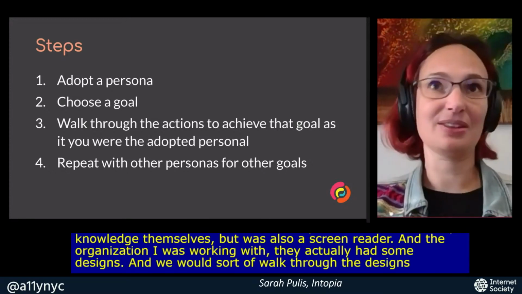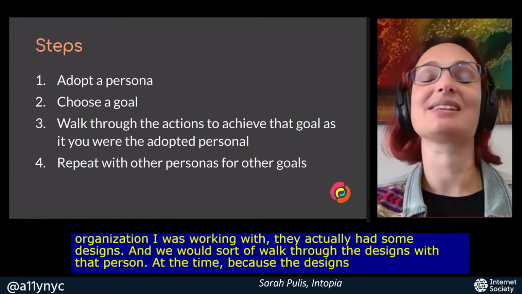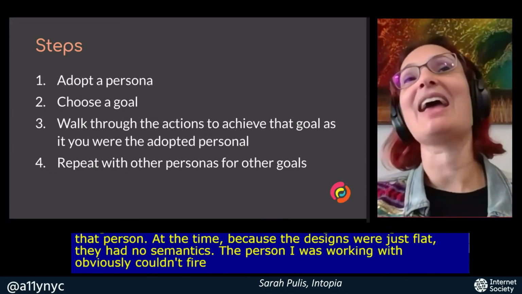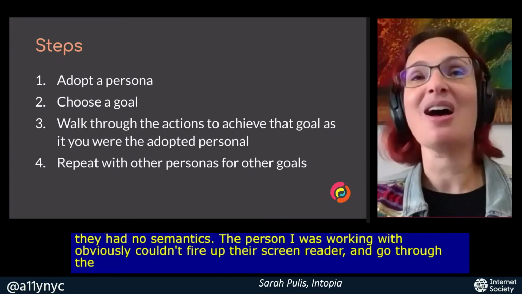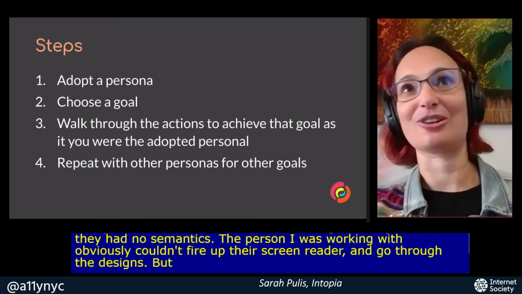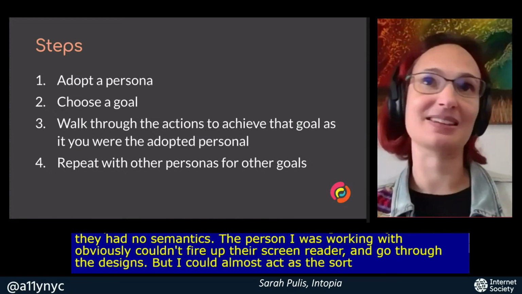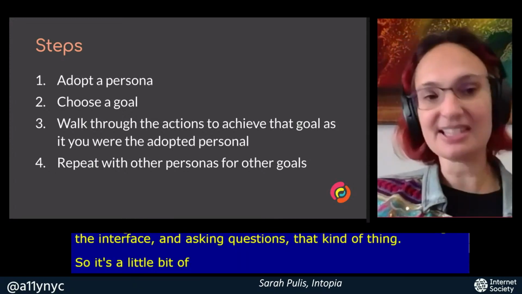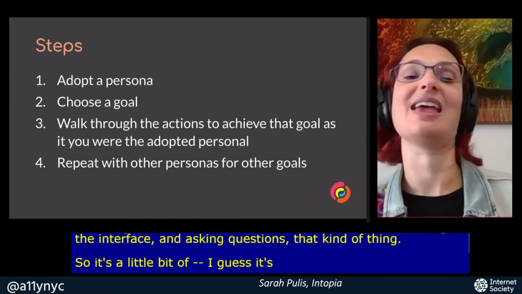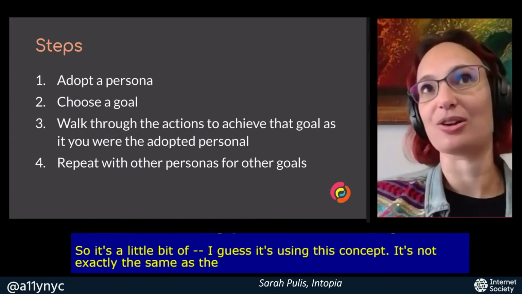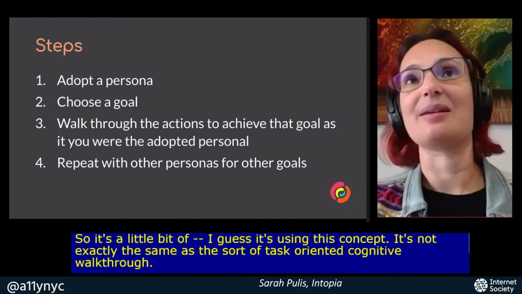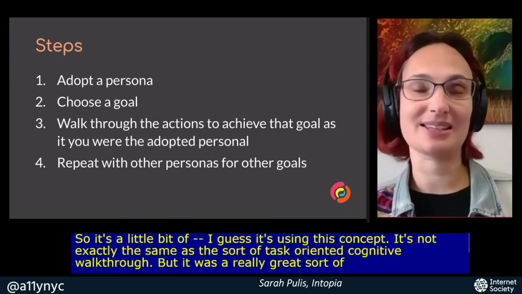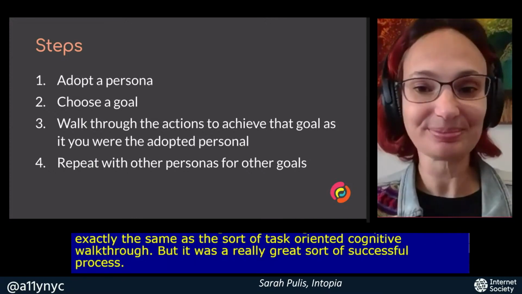At the time, because the designs were just flat, they had no semantics. The person I was working with obviously couldn't fire up their screen reader and go through the designs, but I could almost act as the screen reader, describing the interface and asking questions, that kind of thing. So I guess it's using this concept. It's not exactly the same as the task-oriented cognitive walkthrough, but it was a really great, successful process that I was involved in.